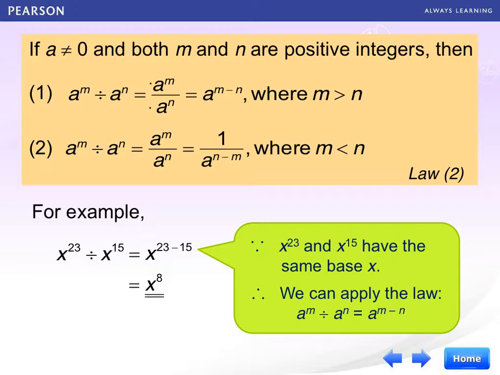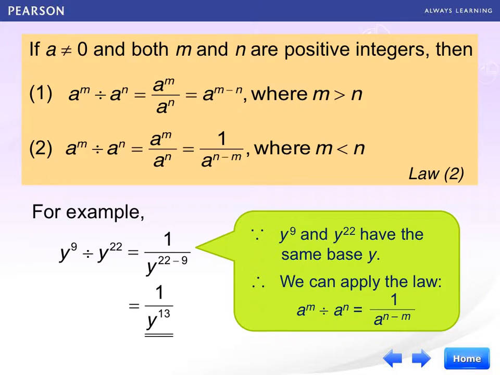For example, x to power 23 divided by x to power 15: the numerator is larger, so the resulting index is the larger index minus the smaller, 23 minus 15, and the result is x to power 8.